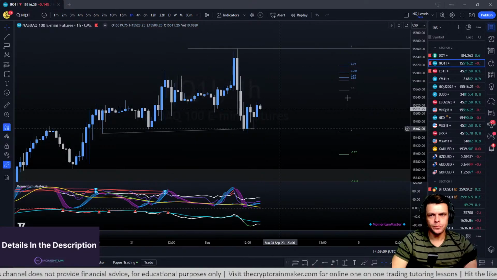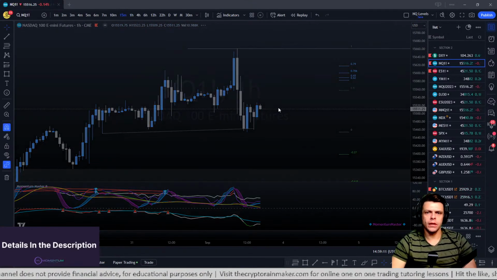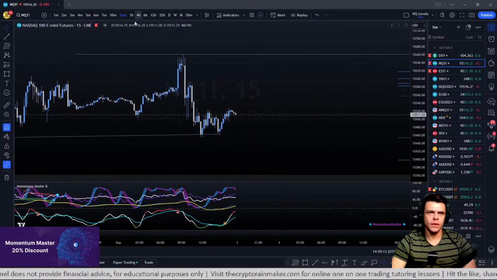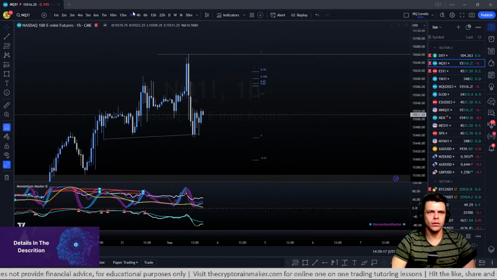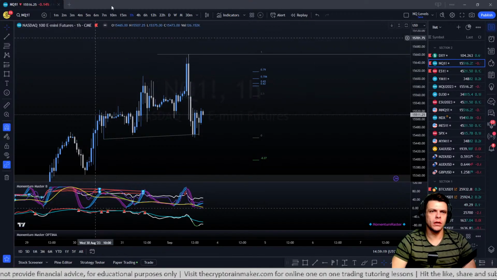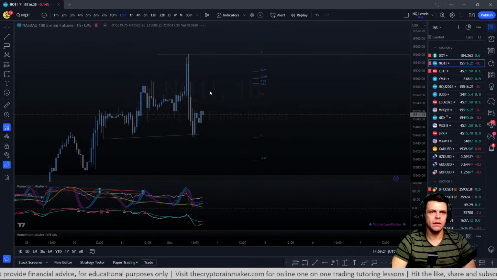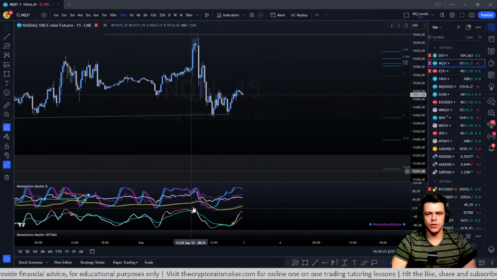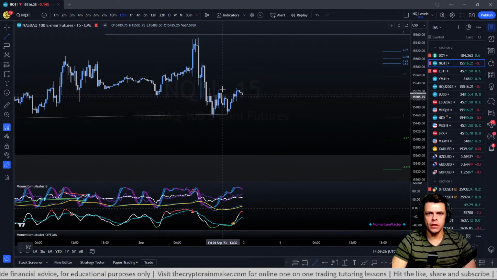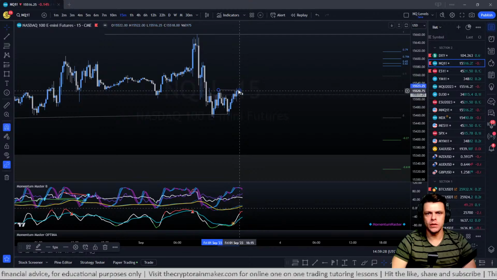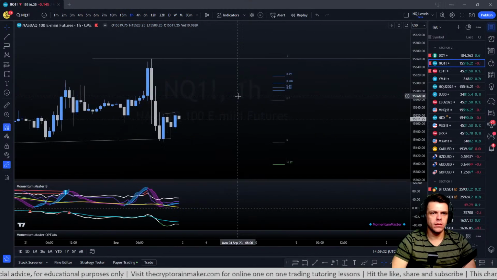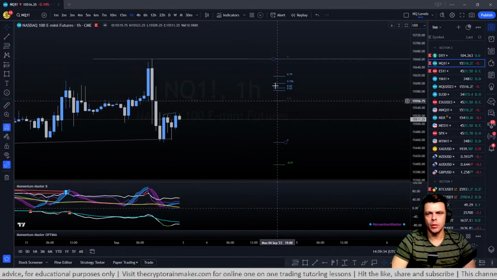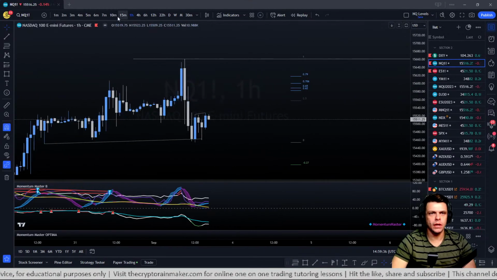Okay, so what I'm thinking right now is, obviously if they want to take prices lower, they need to sweep the buy side liquidity before they take it down. So maybe during the Asian session, we see them sweep these buys so that they can take it into a premium above the equilibrium and then push it down.